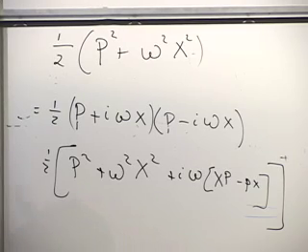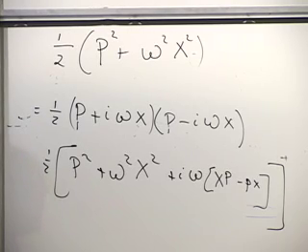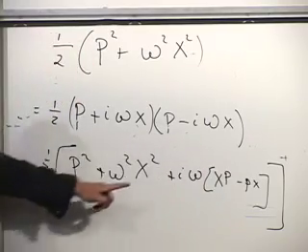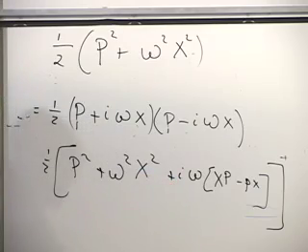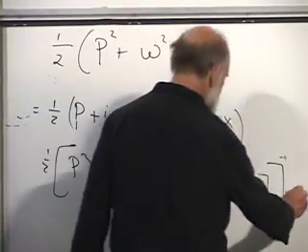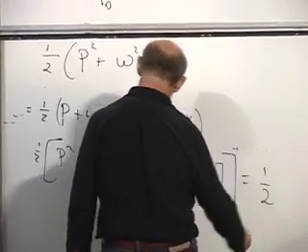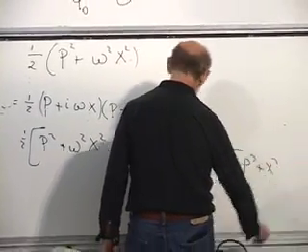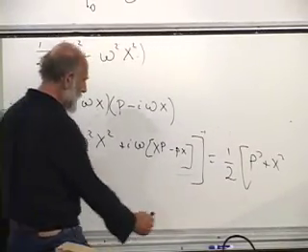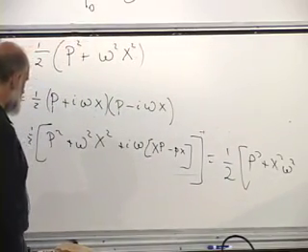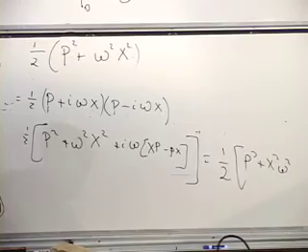Since we've set h bar equal to 1, we can just say that the commutator here is i. i times i here is -1, so it looks to me like this whole thing here is 1/2 p squared plus omega squared x squared, plus or minus?